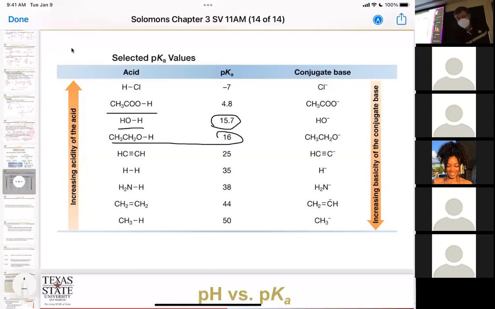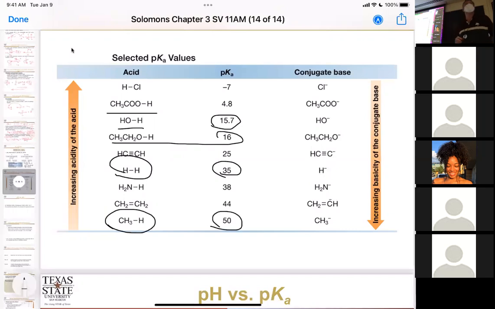When we get to hydrogen, that has a pKa of 35. And the hydrogen-carbon bond on an sp3 hybridized carbon, you're like, hey, that's not acidic at all. It's not a polar bond. Well, it's very, very weakly acidic because it has a pKa of 50. But if you have something strong enough, it can pull that hydrogen off.